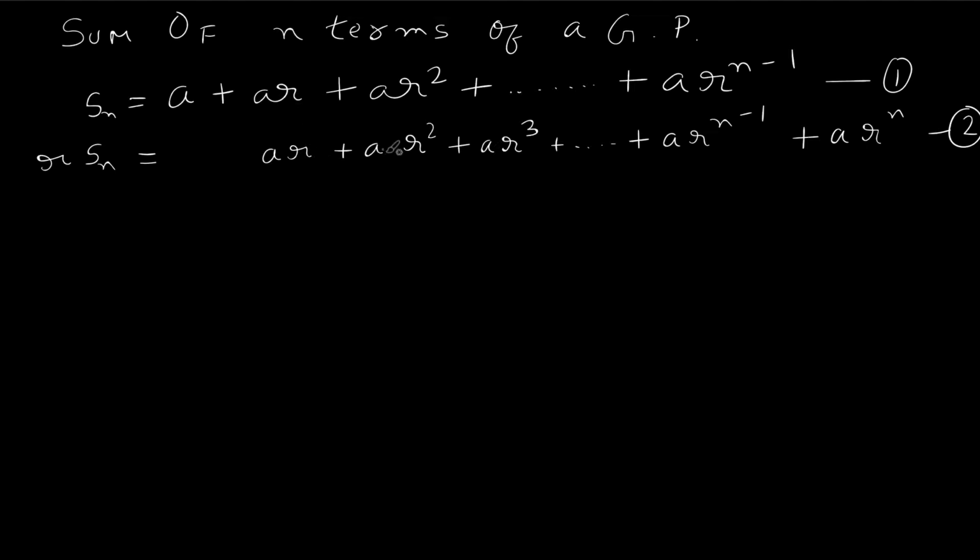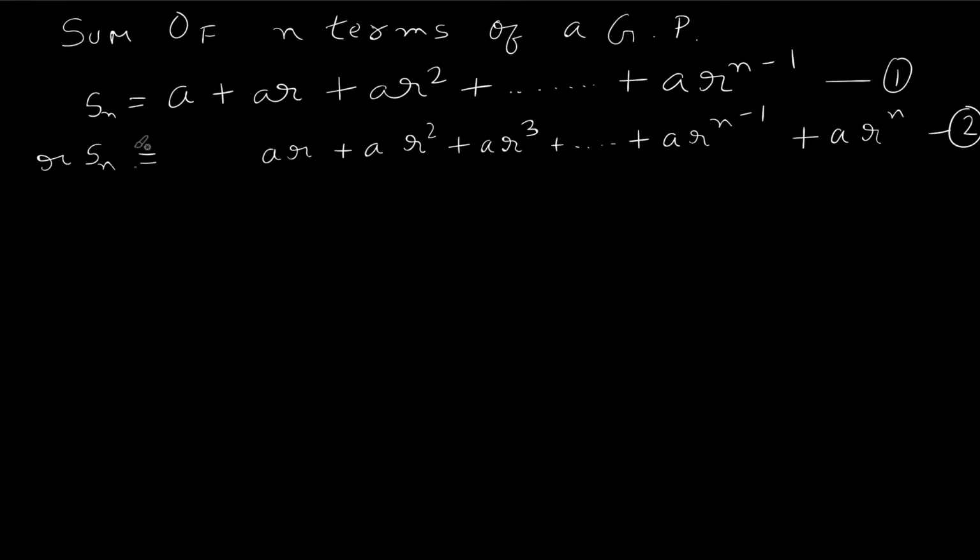The second term becomes ar square, and so on. Towards the end of the sequence, your nth term ar to the power n minus 1, if you multiply this by r, becomes ar to the power n, whereas the n minus 1th term, which was originally ar to the power n minus 2, becomes ar to the power n minus 1. So this is a beautiful little trick that you can use.